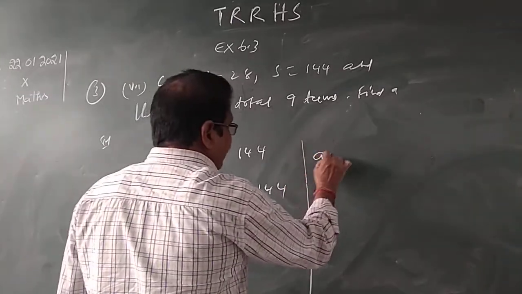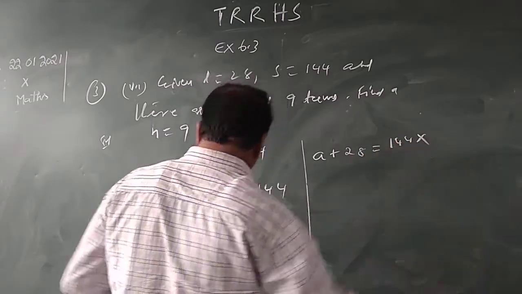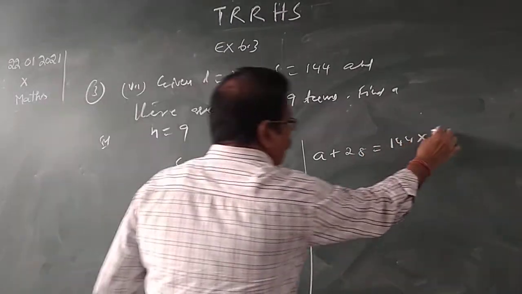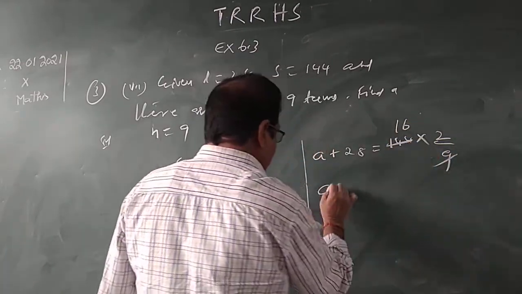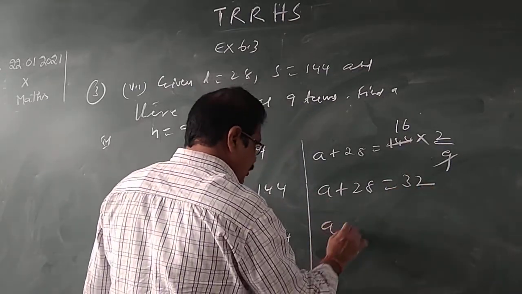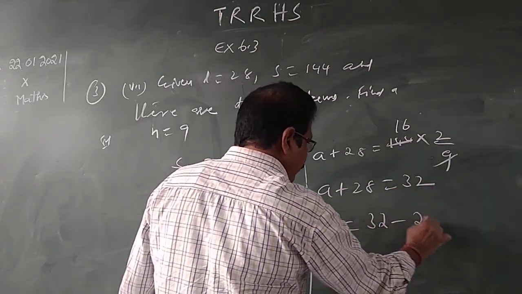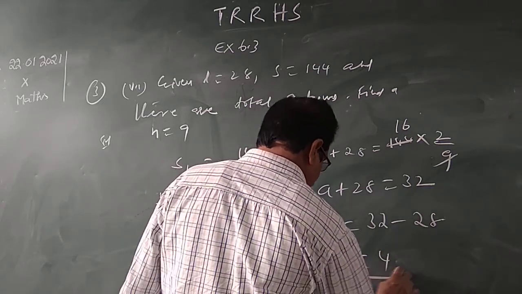So A plus 28 is equal to 144 into 2 by 9. 9 times 16 is 144, so A plus 28 is equal to 16 times 2, 32. A is equal to 32 minus 28. A is equal to 4.